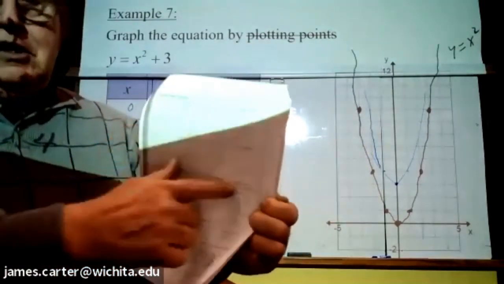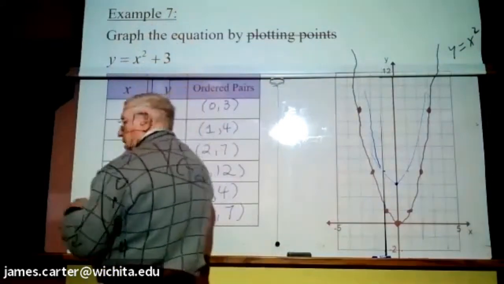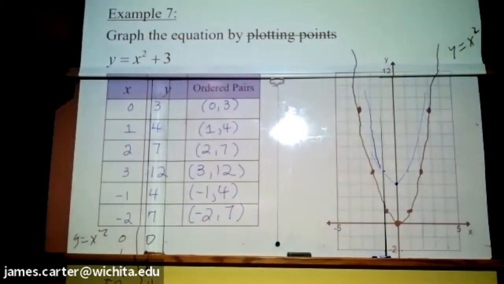You pretty much need to learn to recognize those graph types for our coming assignments. Well, their graph's a little prettier than mine, but not much different.